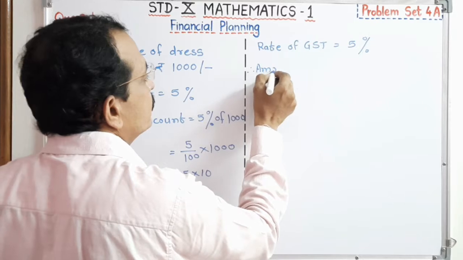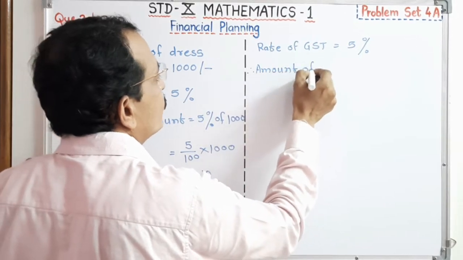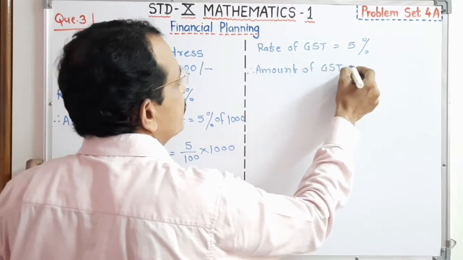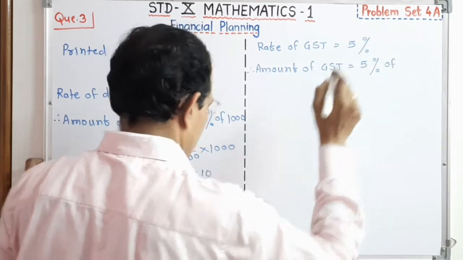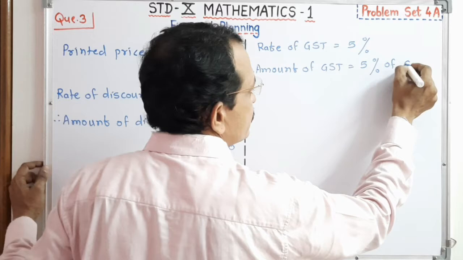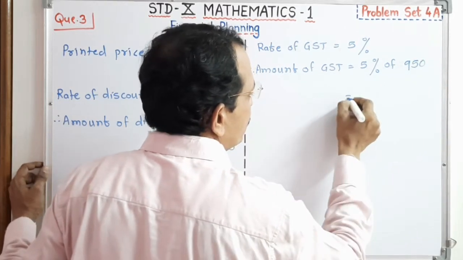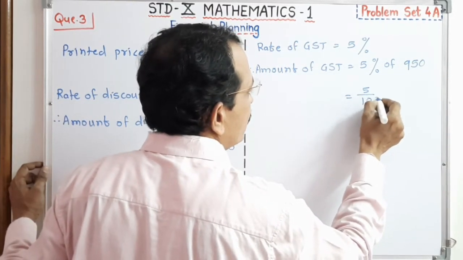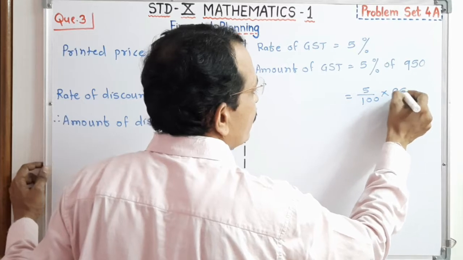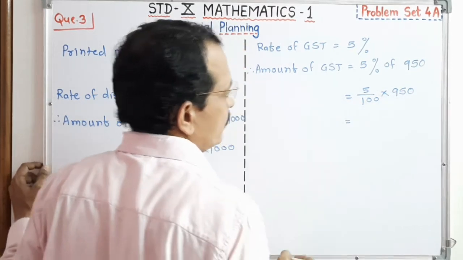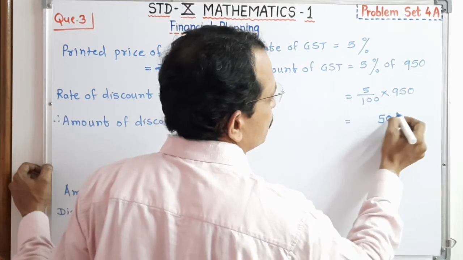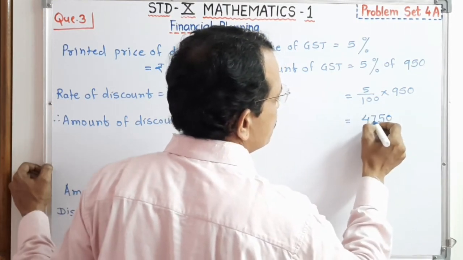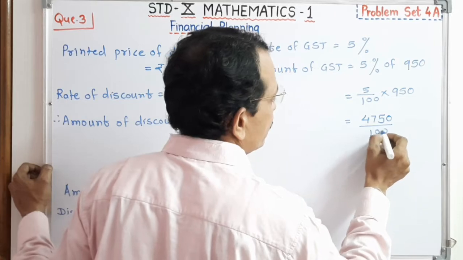Amount of GST is equal to 5% of this 950. Therefore it is 5 upon 100 into 950. Therefore, dear students, here 5 into 950 is 4750 divided by 100.